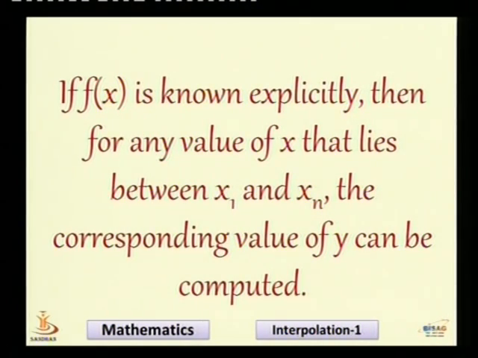On further simplification, we get the corresponding value for the untabulated value of x. Now, why do we emphasize that x should lie between x1 and xn? The basic reason being that this process is called interpolation, and hence we should have the untabulated value within the range of the tabulated values, not outside them, and hence it should be encompassed within x1 and xn.